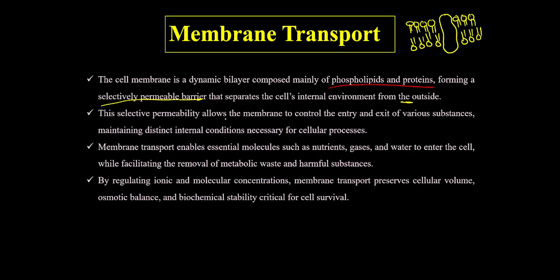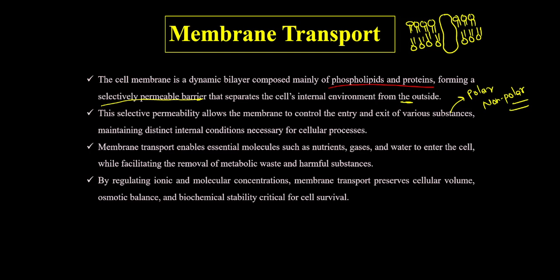This selective permeability allows the membrane to control the entry and exit of various substances, which can be polar or non-polar. Also, this selective permeability maintains the internal conditions which are necessary for the cellular processes.